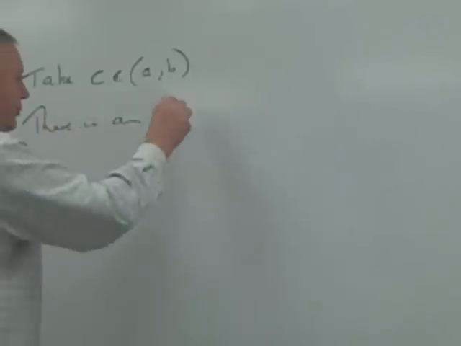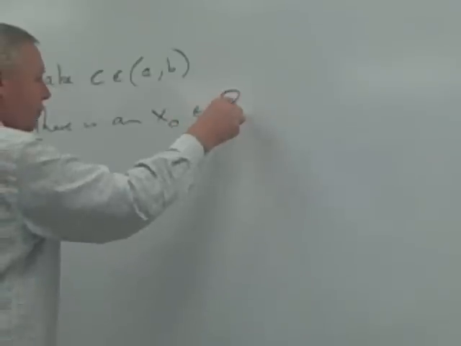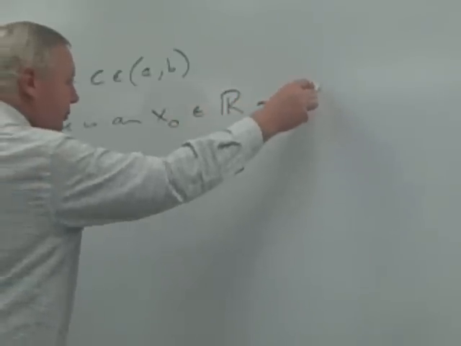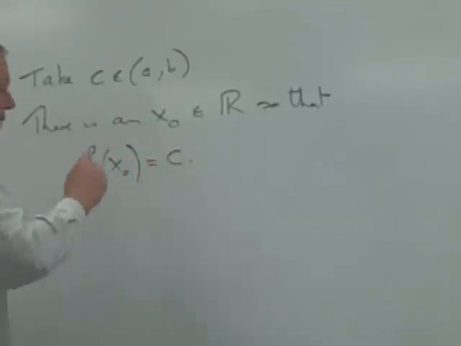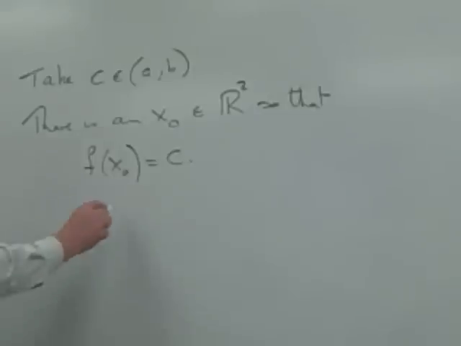So there is an x0 in R2 so that f of x0 is equal to C. So here's the picture.